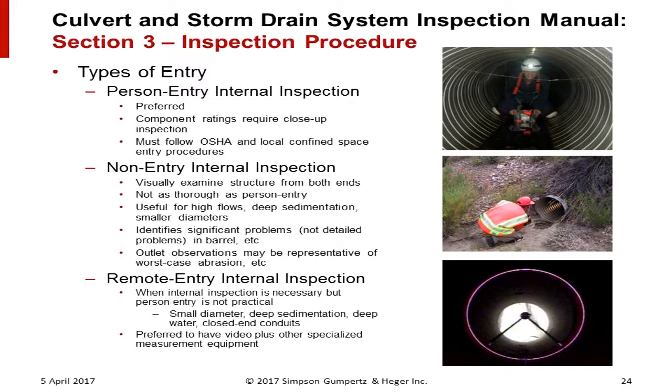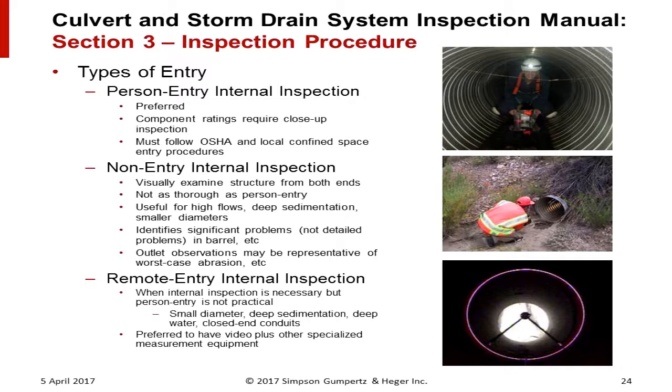We've included some discussion on the different types of inspections. The best inspection is obviously person entry. You get in, hands-on, eyes on the structure. You can look close up. That's not always possible. There are obviously some smaller structures out there that prohibit person entry. For some of these, non-entry inspection is acceptable, especially for the shorter length culverts where you can perform most of the inspection from either end.